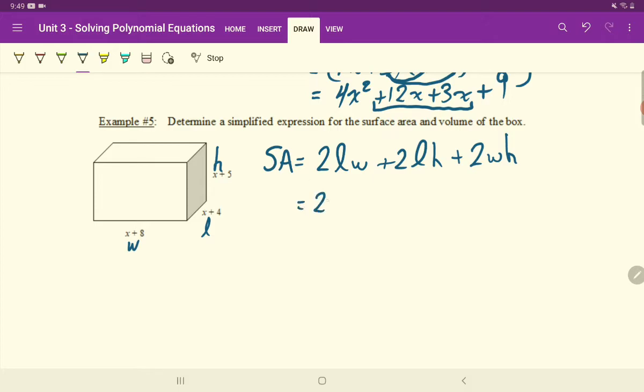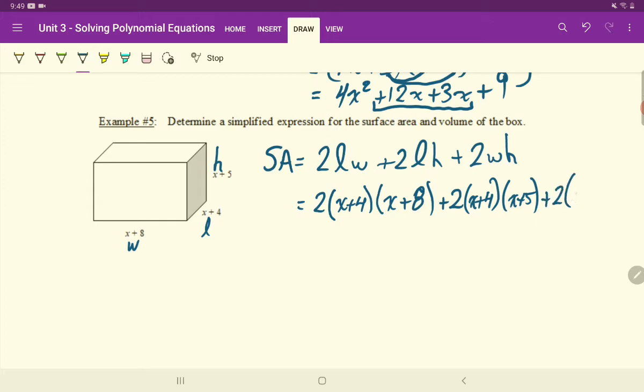So I have 2 times, remember, anytime you're replacing a letter with an expression, put it in brackets, x plus 4 is my L, times W, which is x plus 8, plus another 2 times L times H, plus another 2 times W times H. You're just replacing your variables with the expressions shown in the diagram.